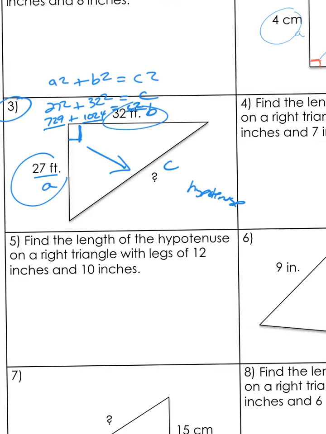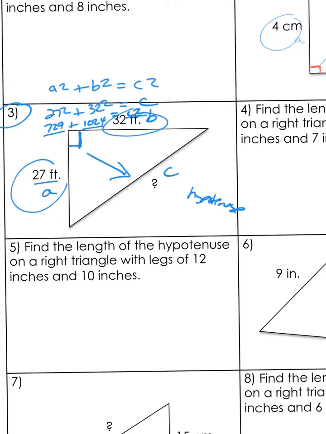And I apologize for the writing over here. So I would add 729 to 1024, and I end up getting 1753 is equal to c squared. And so I do the opposite operation.